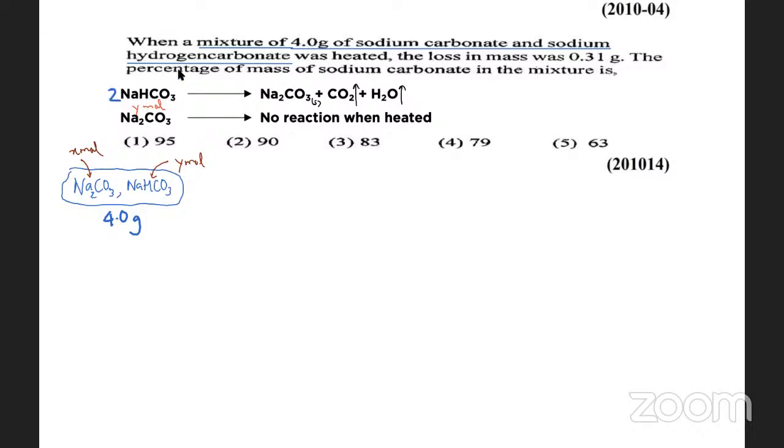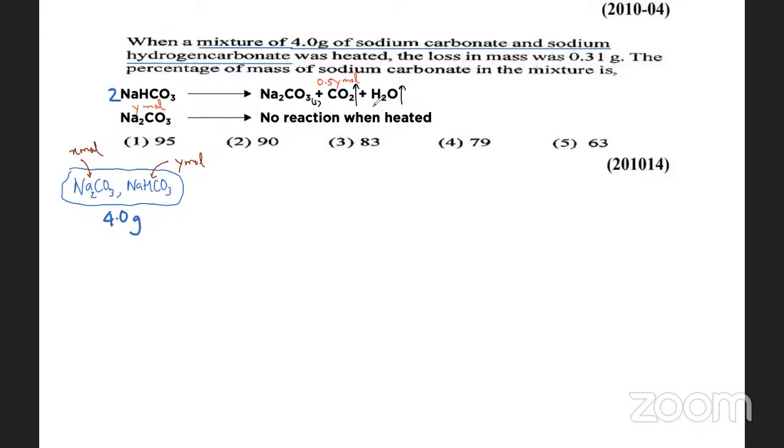Therefore, half of that amount, half of that moles of carbon dioxide will be produced, because it's a 2 is to 1 ratio. So if Y moles of sodium bicarbonate was used, 0.5 Y moles of carbon dioxide will evolve. I'll write it here. 0.5 Y moles of carbon dioxide will evolve.